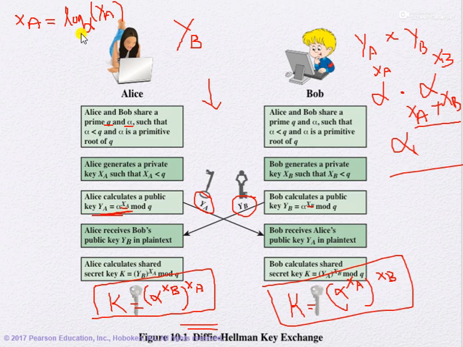They know alpha, they know YA, so they just have to calculate log to the base alpha of YA mod Q. This mod Q makes this problem very difficult to solve.